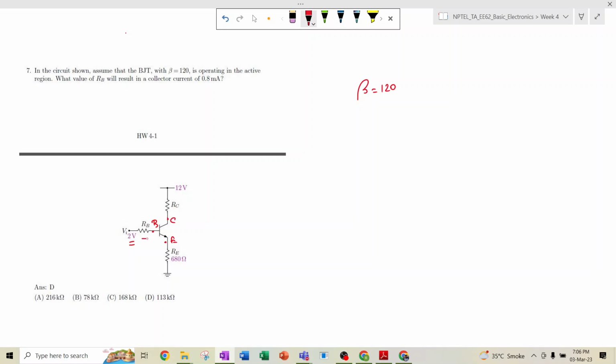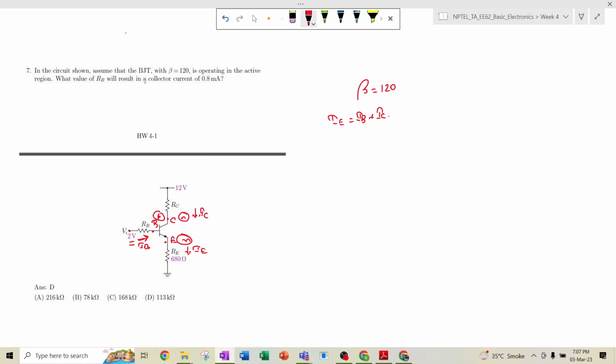So it is basically NPN. Some current flows through the base terminal IB, because there is some voltage we are applying, and some current IE flows in the emitter, and the collector current is IC. So we know IE equals IB plus IC.